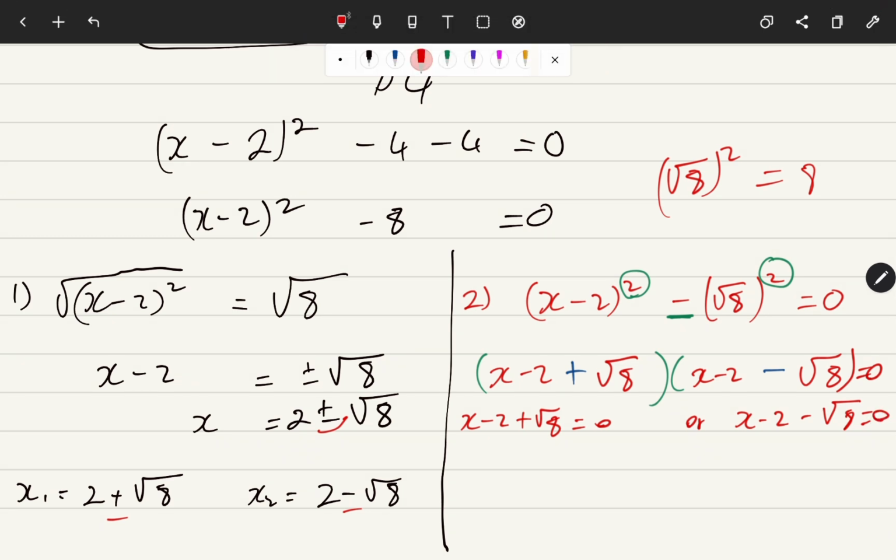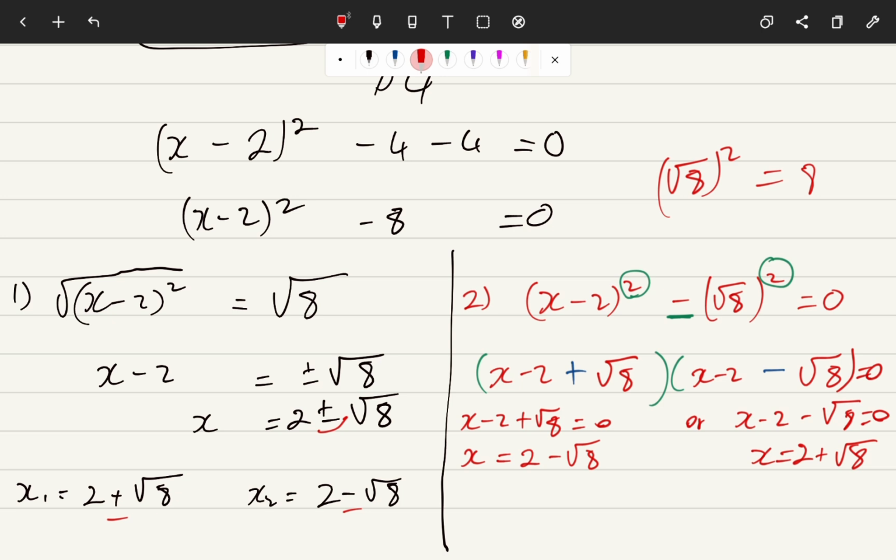All right, so now it's just solving for x. We transpose everything, we get x equals 2 minus square root of 8, or x is equal to 2 plus square root of 8, and then you're done. The answers are just the same. All right, so that is us completing squares.